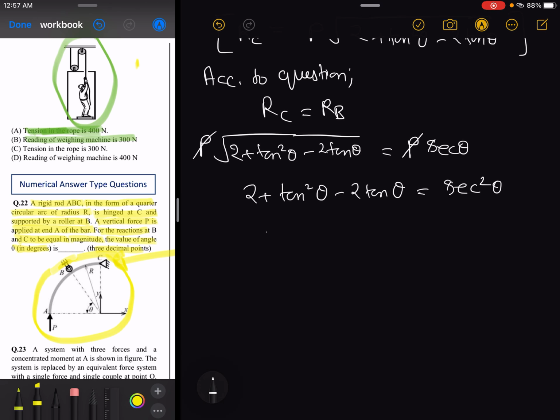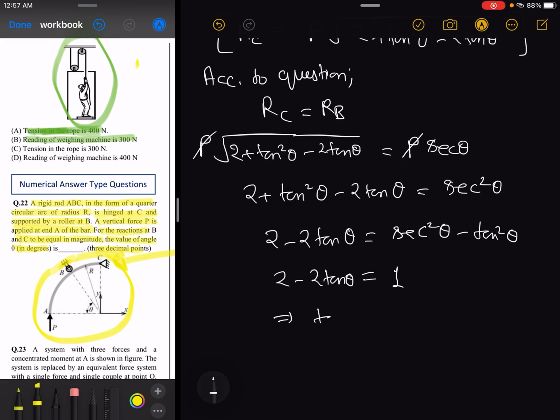So this is 2 minus 2 tan theta will be equal to sec square theta minus tan square theta, and it is a trigonometric identity. This identity states that sec square theta minus tan square theta will be equal to 1. So this is like this. So if you solve this, you will get tan theta as 1 by 2.